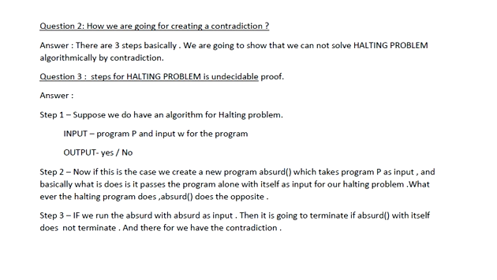Up to the second step it will not prove the contradiction. In the third step we will call absorb with itself, and this is the contradiction, and here we will see how it proves that the halting problem is undecidable.